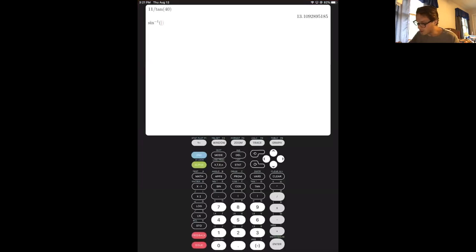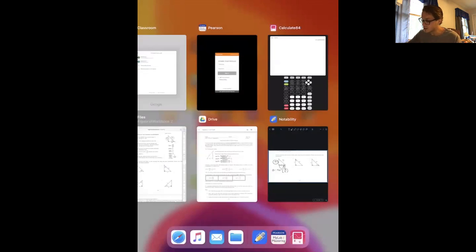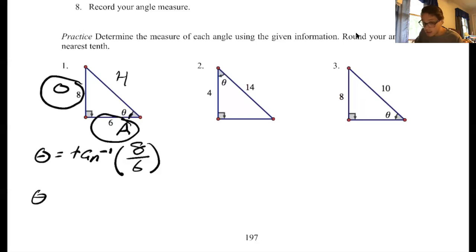So I'm going to go over to the calculator again, and I'm going to hit second tangent, and that's going to give me tangent inverse of 8/6, and hit enter, and I get 53.13 degrees. So I get theta equals 53.13 degrees. It says round it to the nearest 10, so it's 53.1 degrees in this case.